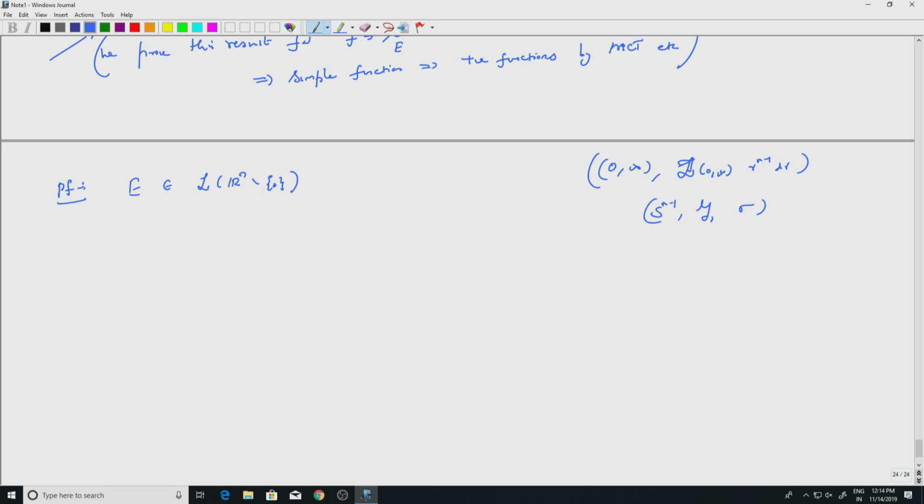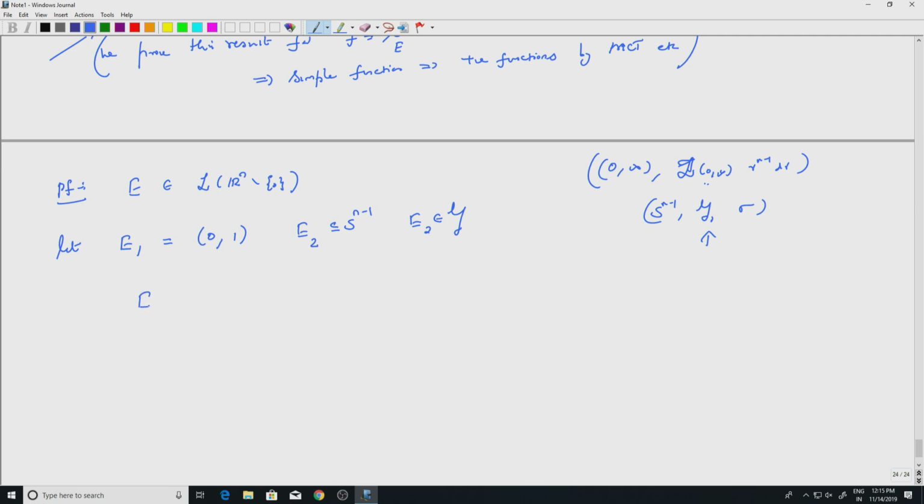So first take E1. Let E1 be equal to the open interval (0,1), and E2 any set inside G. So there we are taking an arbitrary set in G. But here we are taking the interval (0,1), so that is very specific.